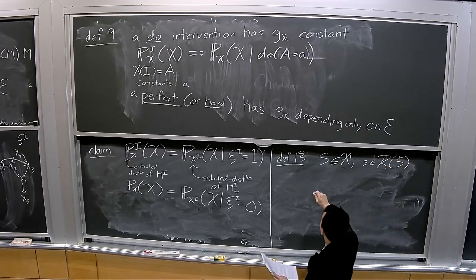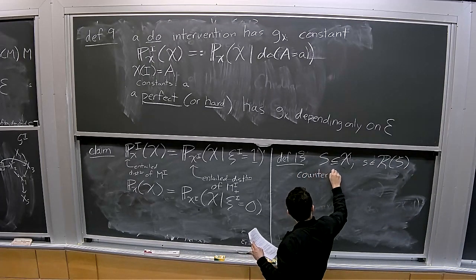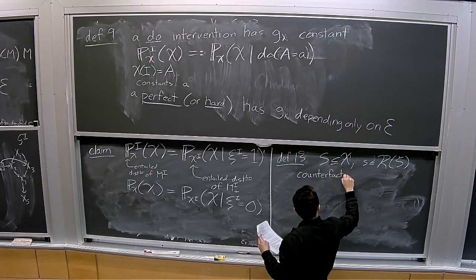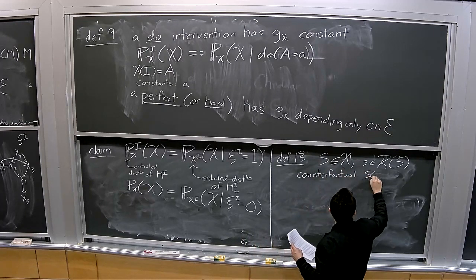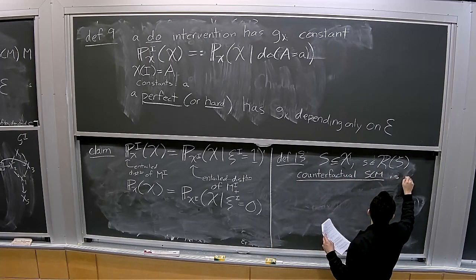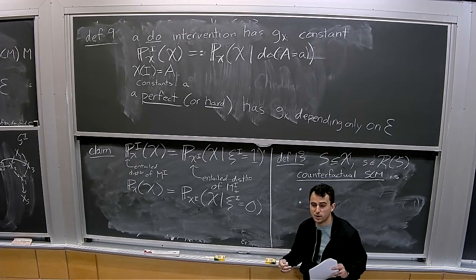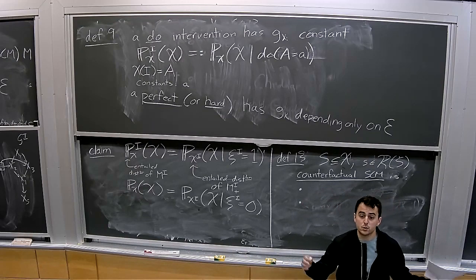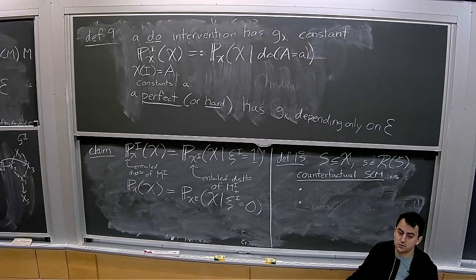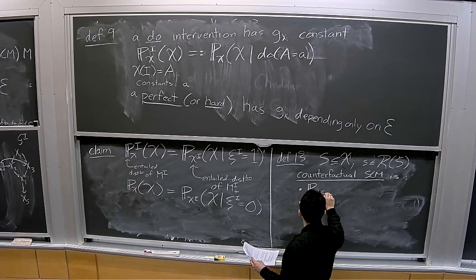And then the counterfactual structural causal model is a structural causal model now with, it's kind of nice, it's dual to what happens with interventions. So in interventions, we left the exogenous distribution the same. Now what we're going to do is change the exogenous distribution.